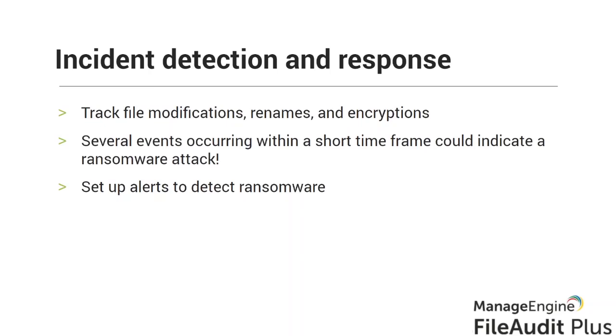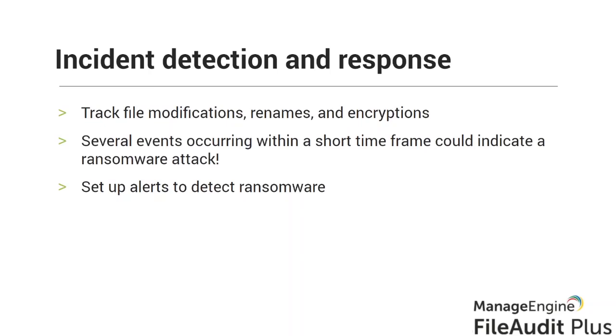You can get alerts to detect ransomware. So if you have several files being encrypted or modified or renamed within a short time, like within a minute, that is not normal activity. That could mean that ransomware is getting launched in your environment. So you need to set up auditing so that you get alerts to detect ransomware as soon as it gets launched in any one of your systems.